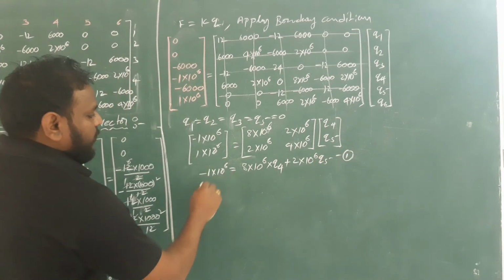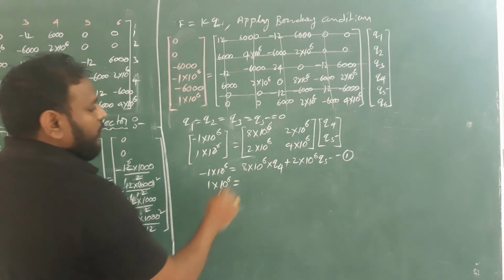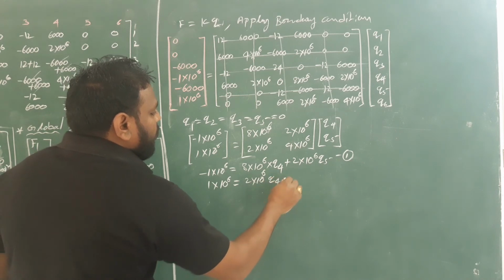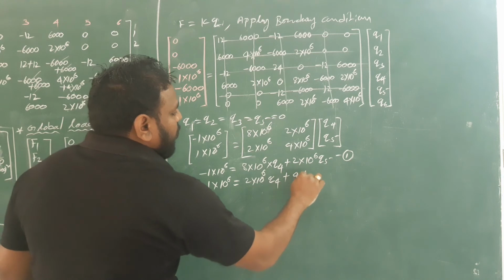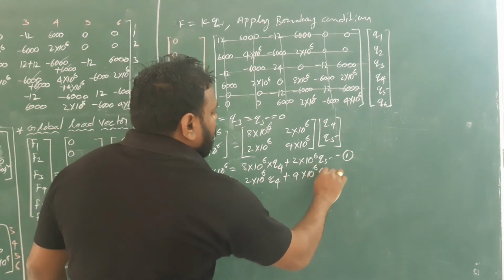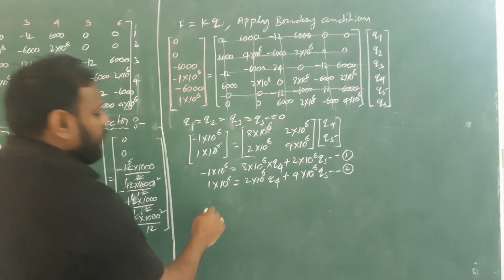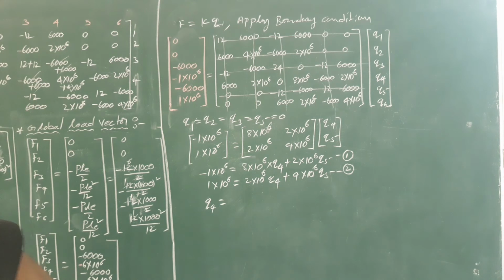Next equation: 1 into 10 to the power of 6 is equal to 2 into 10 to the power of 6 Q4 plus 4 into 10 to the power of 6 Q5. This is equation number 2. By solving these two equations we will get Q4, which I have already calculated.